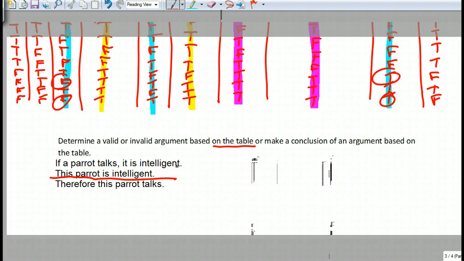All right, so what would be my P? What would be the P in this case? If a parrot talks is the first part.